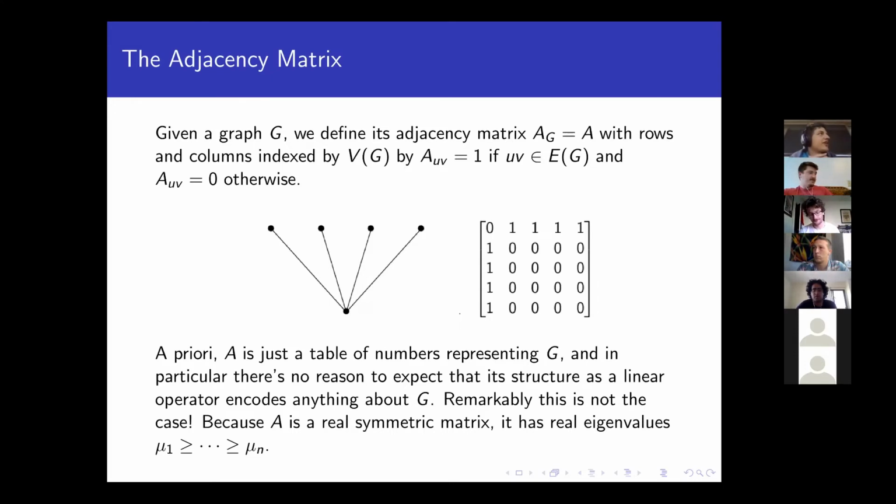People have considered the infinite d-regular tree, which starts anywhere and just goes d. Morally, its largest eigenvalue is d because it's a d-regular graph.